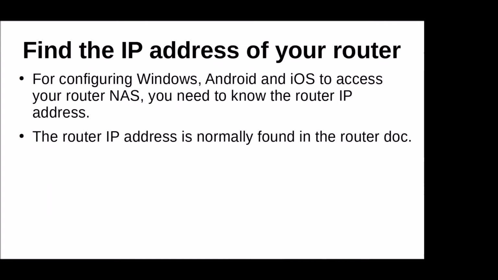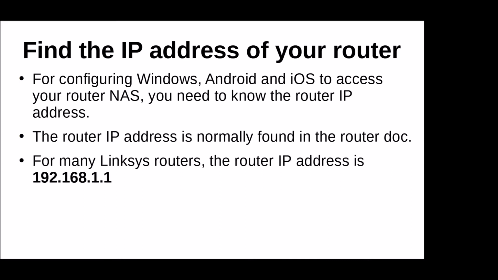The router IP address is normally found in the router doc. If you are an advanced user, such as Mr. Krout, you can configure the router IP address, the internal address, to be different than the one that is there by default.